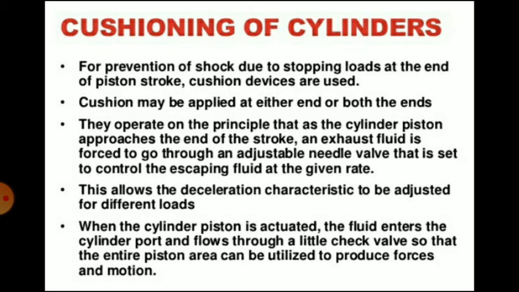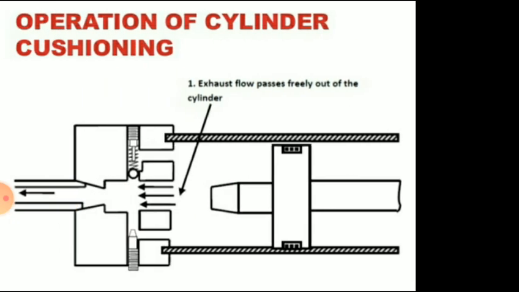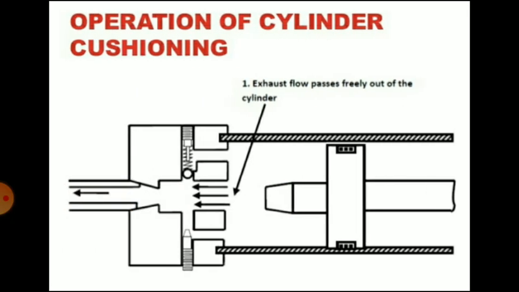When the cylinder piston is actuated, the fluid enters the cylinder port and flows through a little check valve so that the entire piston area can be utilized to produce force and motion. So you can see the exhaust flow passes freely out of the cylinder.